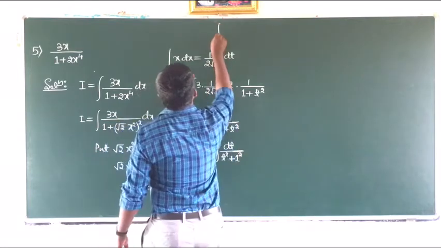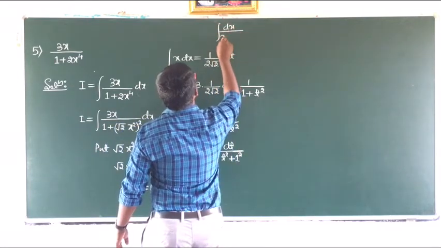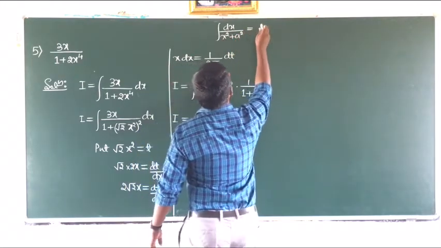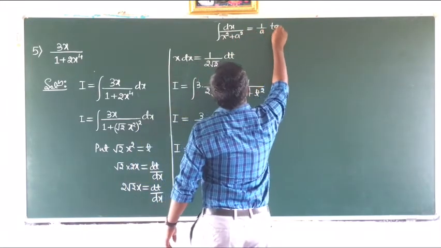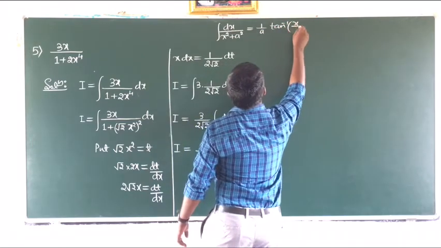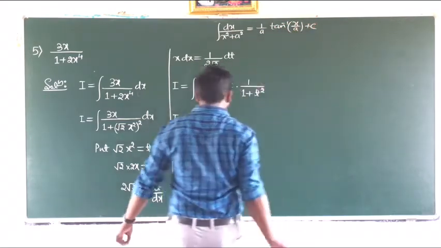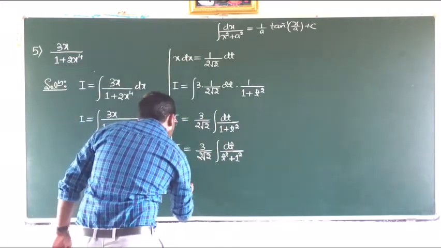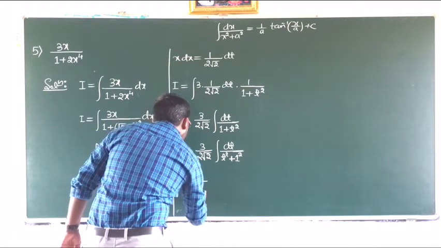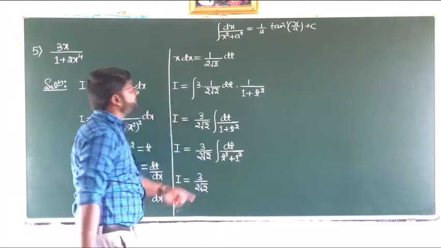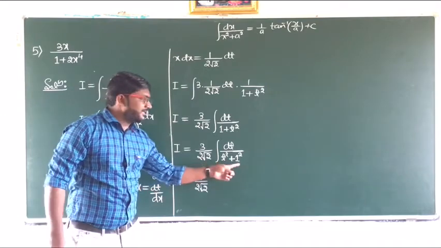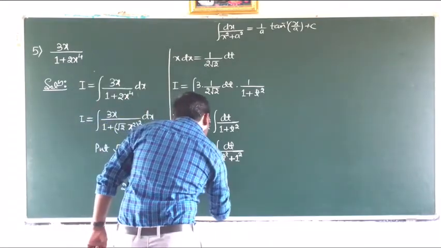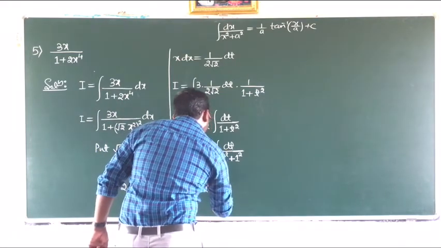Integral dx upon x square plus a square is equal to 1 by a tan inverse x by a plus c. So this is the standard formula. We have to make use of that now. I is equal to 3 divided by 2 root 2. Now 1 by a value is 1, 1 by 1 will be 1, so into tan inverse x by a.